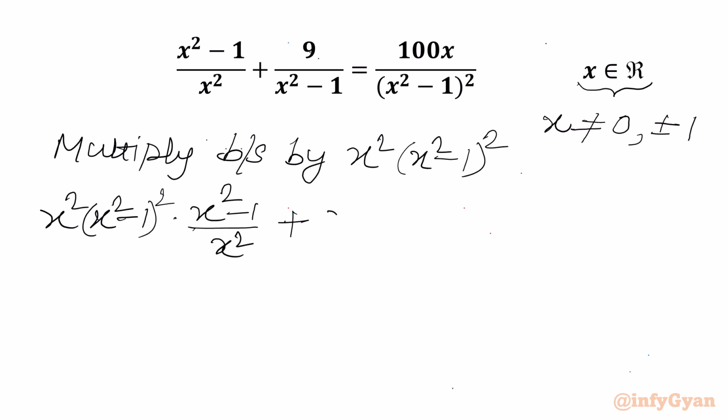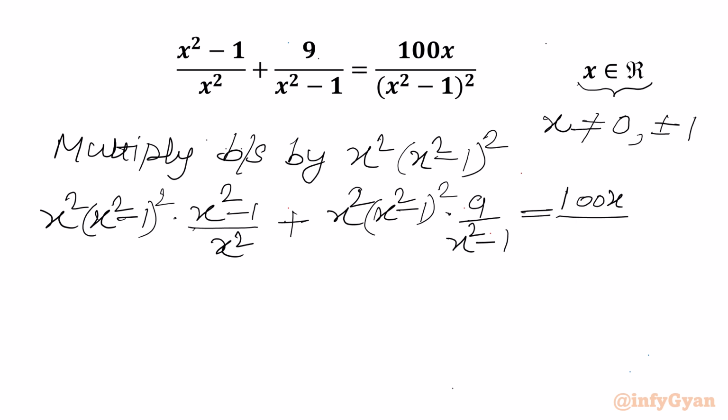Then we have x² times (x² − 1)² times 9/(x² − 1) will be equal to 100x/(x² − 1)² times x² times (x² − 1)². So this will be cancelled out from RHS. In LHS we will cancel this denominator. Here x² will be over.